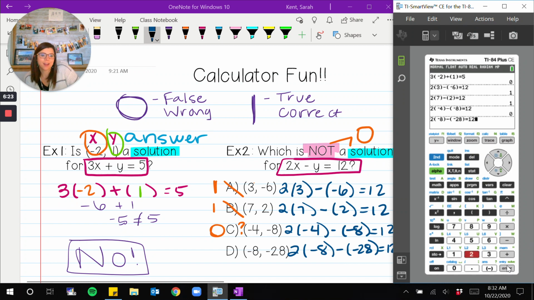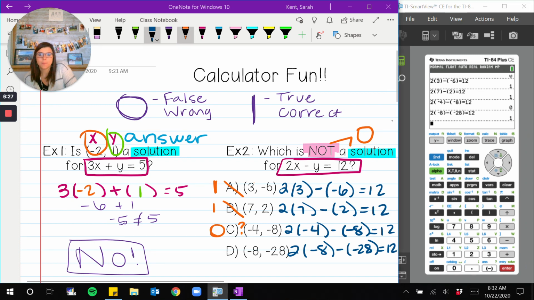And then I'll press enter, and it says 1. So I'm not looking for 1s this time. So C will be my answer because it gave me 0. It is not a solution. So A, B, and D all are solutions. They all are true.